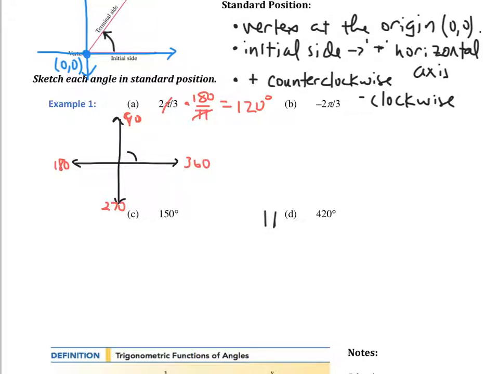So therefore 120 degrees is between what? What quadrant would it be in? Quadrant 2. It'd be in quadrant 2 because it is going to finish right up here 30 degrees beyond the 90 degrees, and so therefore our 120 degree angle looks like this.